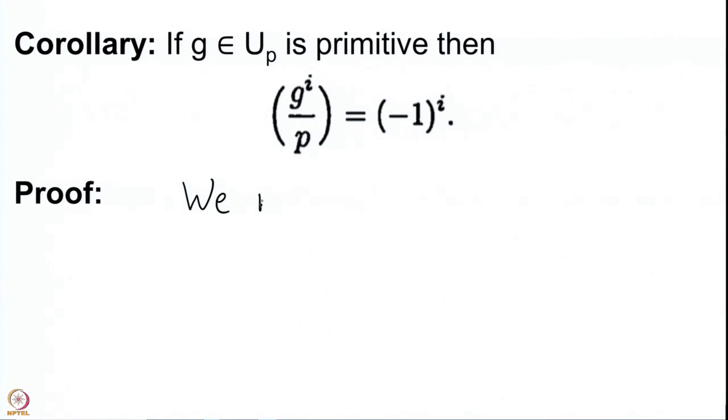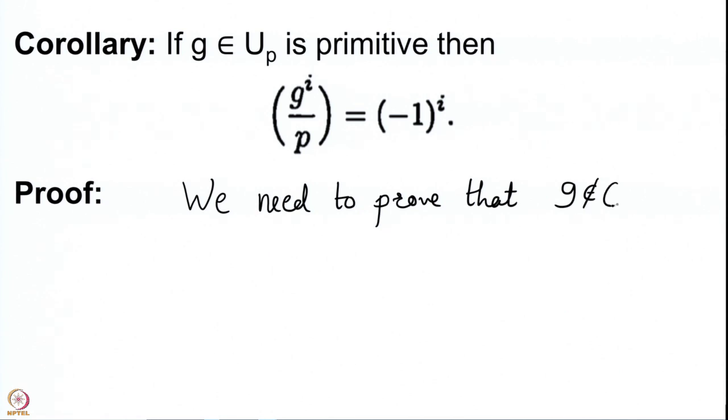Once we prove this, then the Legendre symbol of G has to be minus 1 and this result will follow by whatever we have proved earlier. So, that is the only thing we have to see. So, we need to prove that G is not in QP.